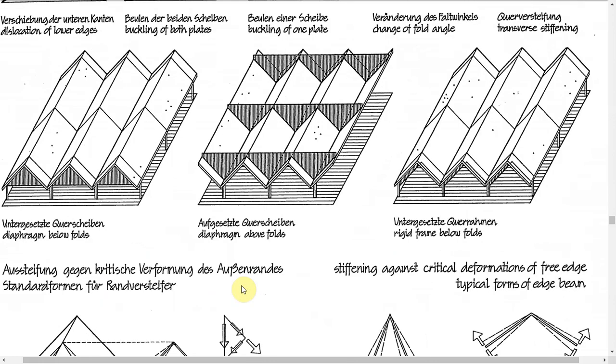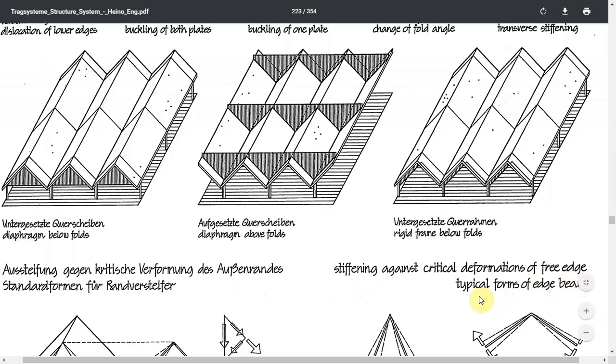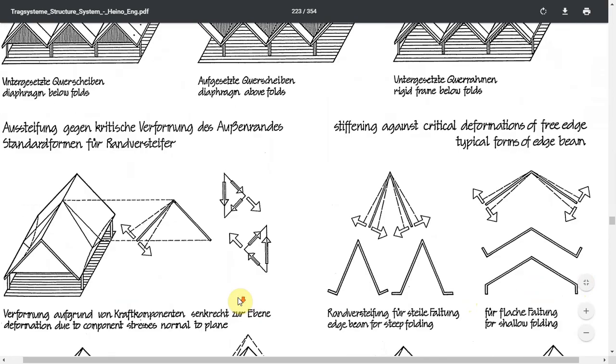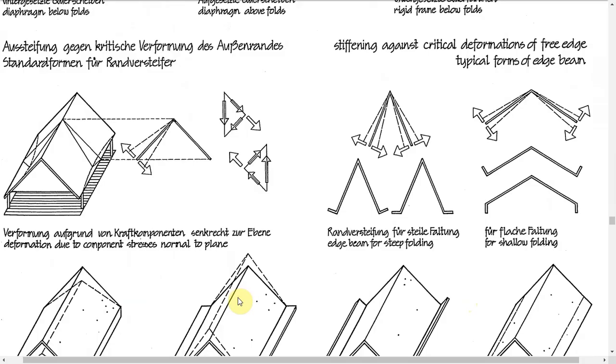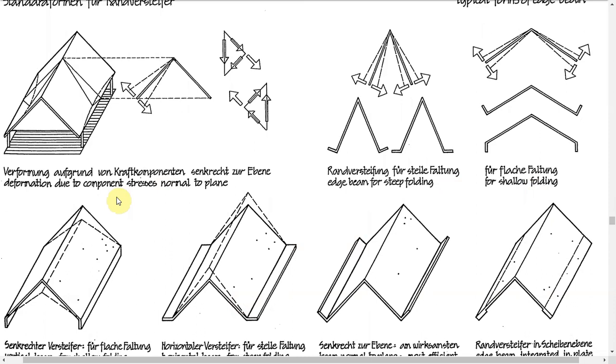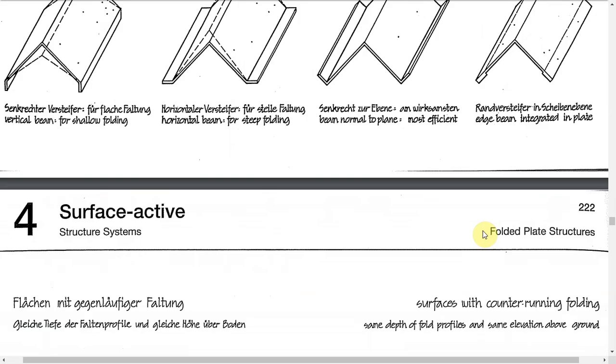These are resisted by having stiffening against the critical deformations at the free edge, typical form of edge beams, right, and this is how the deformation is resisted by having an edge beam for steep folding and for shallow folding, right?